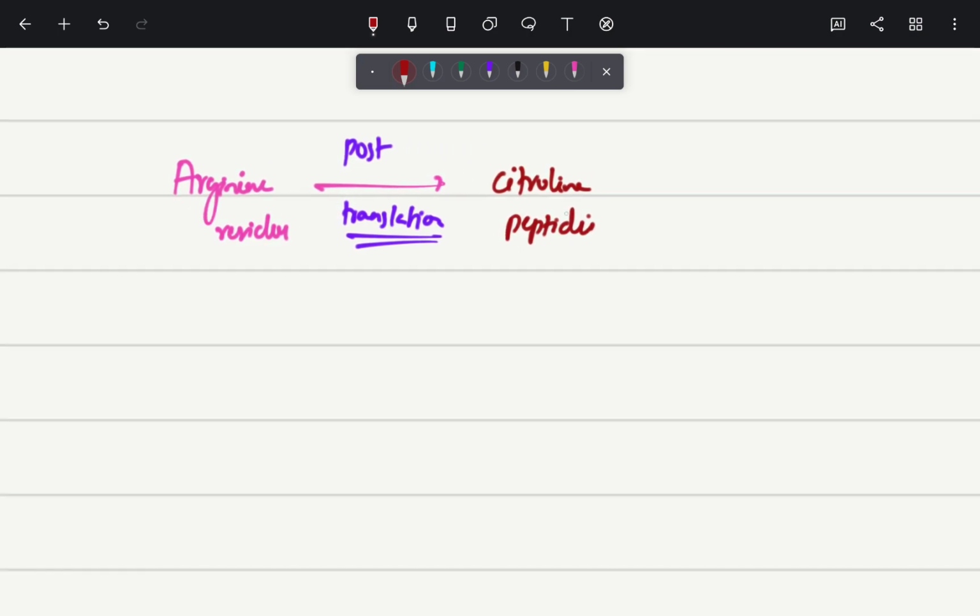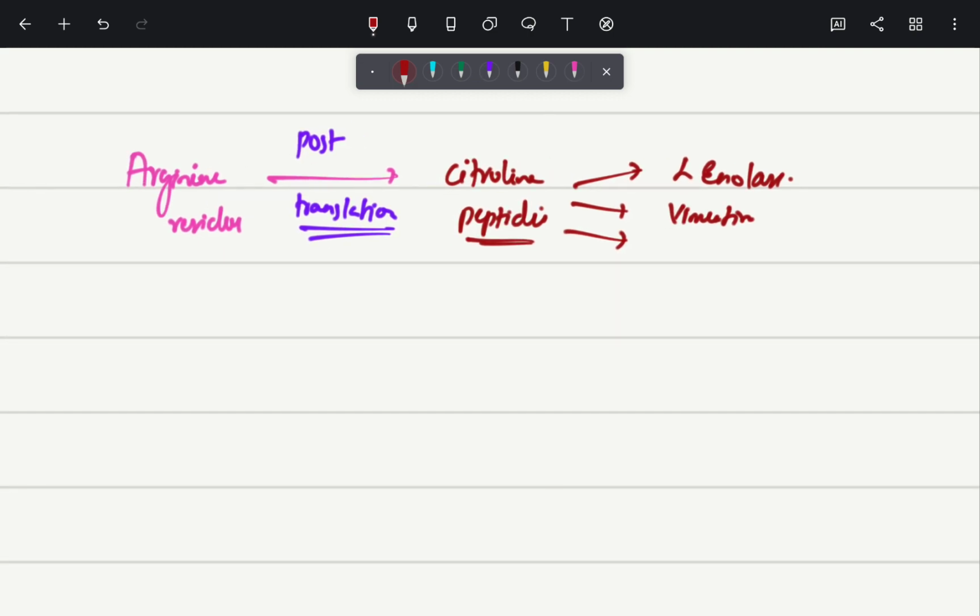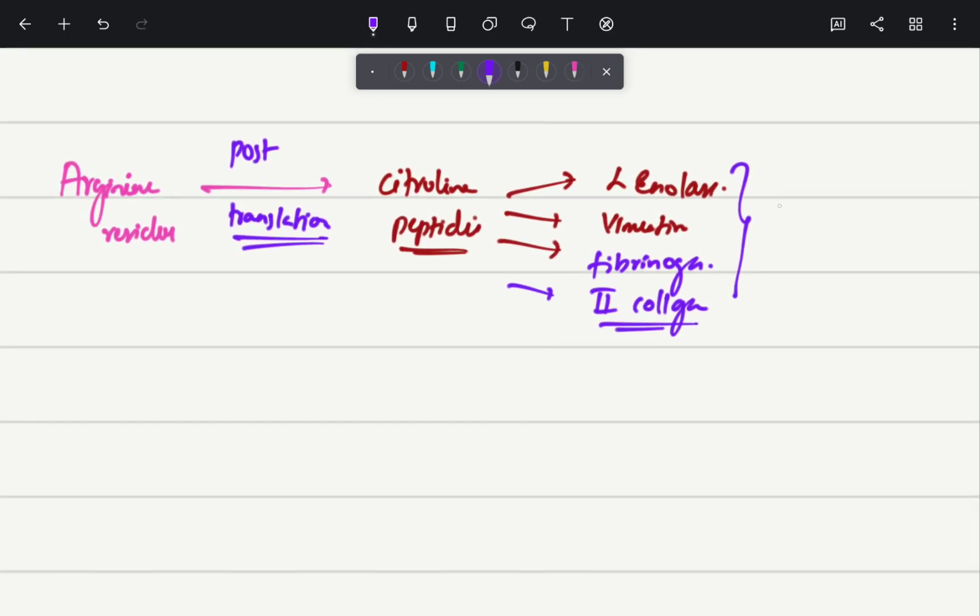Now examples of such citrulline peptides include alpha enolase, vimentin, fibrinogen, and type 2 collagen. So all these are the examples of citrulline peptides. Hence they are used as markers of rheumatoid arthritis.